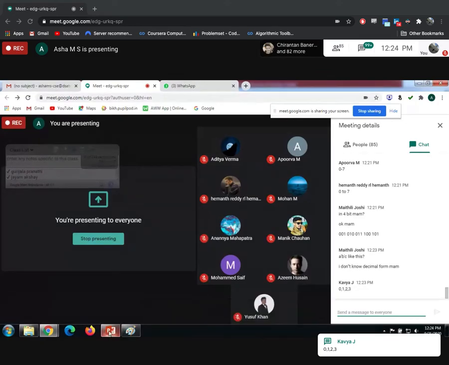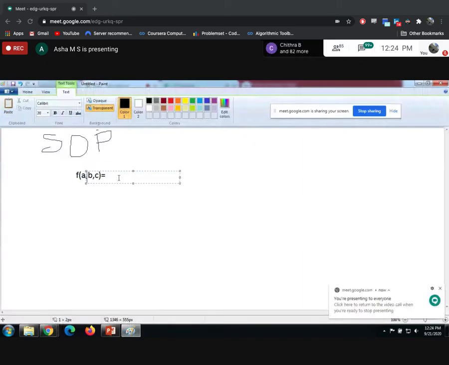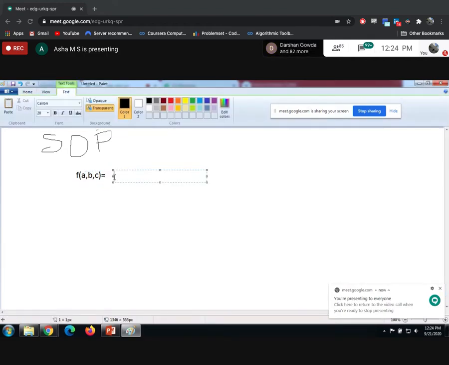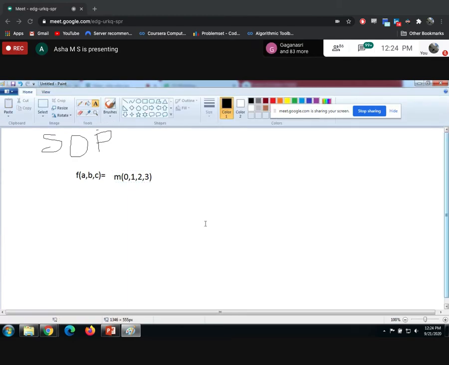Okay, she is giving 0, 1, 2, 3. Kavya gave 0, 1, 2, 3. So these are the min term numbers I got. How to represent min terms I'll show later. Like this, they will give it in the exam.